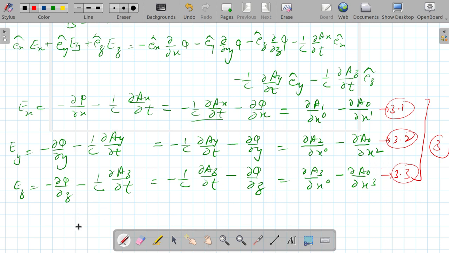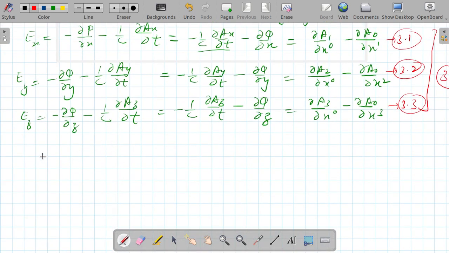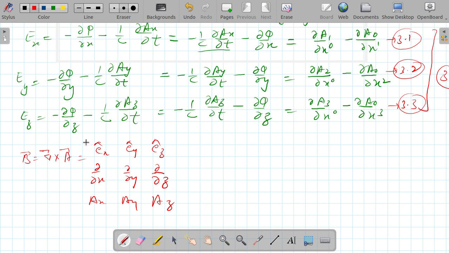Now consider the magnetic part, or consider equation number 2. B is equal to del cross A. It is written as a determinant with x-cap, y-cap, z-cap in the first row, ∂/∂x, ∂/∂y, ∂/∂z in the second row, and Ax, Ay, Az in the third row.